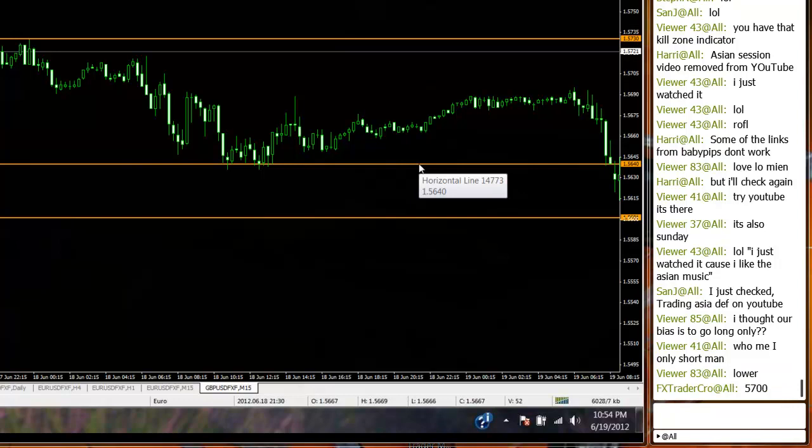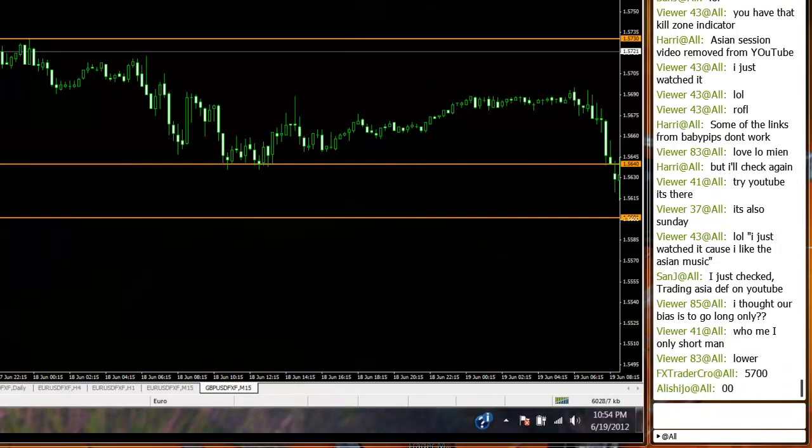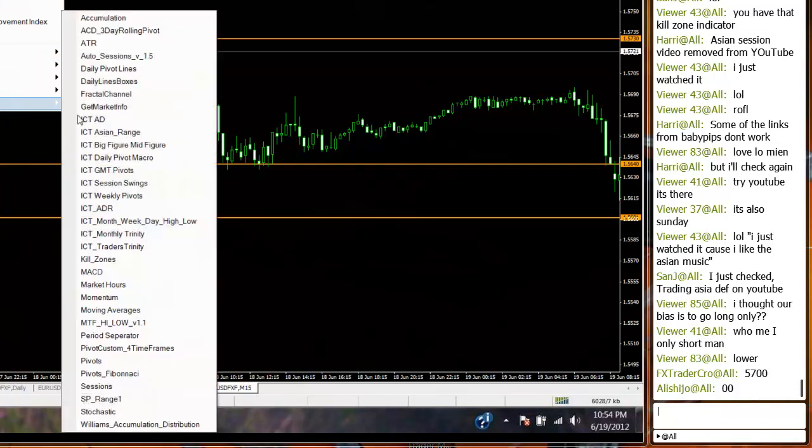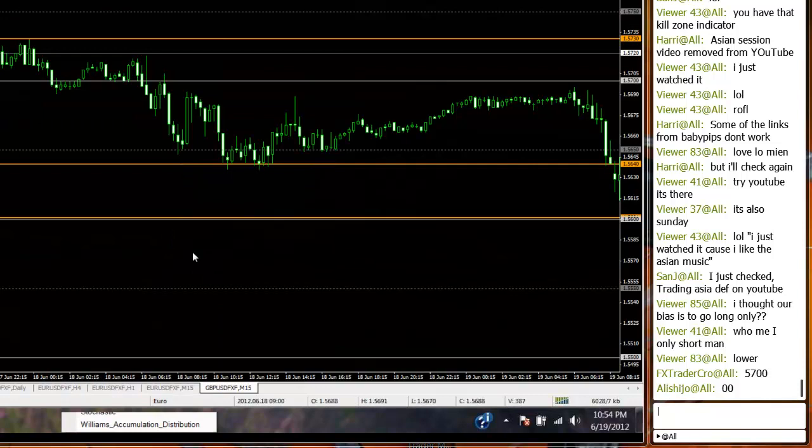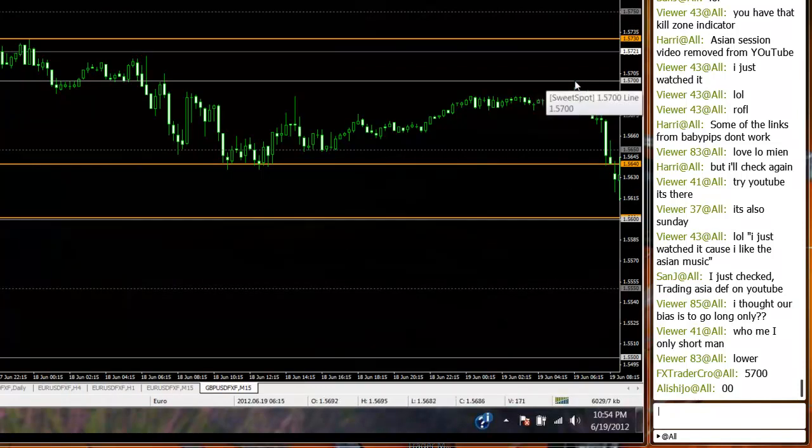Big fig. Now, here's the 57 level, okay? Here's 50, and the other 50's up here.